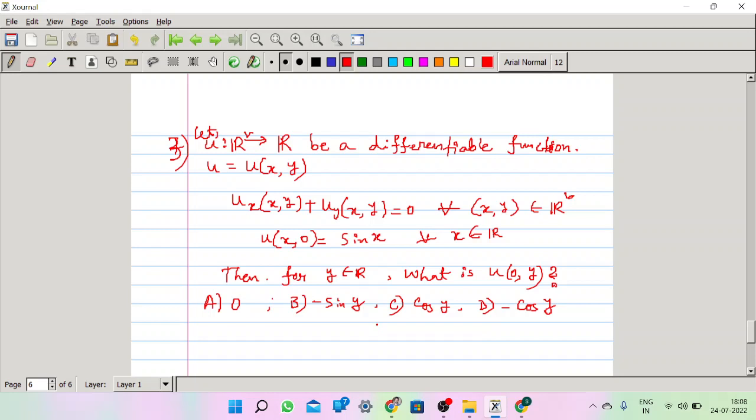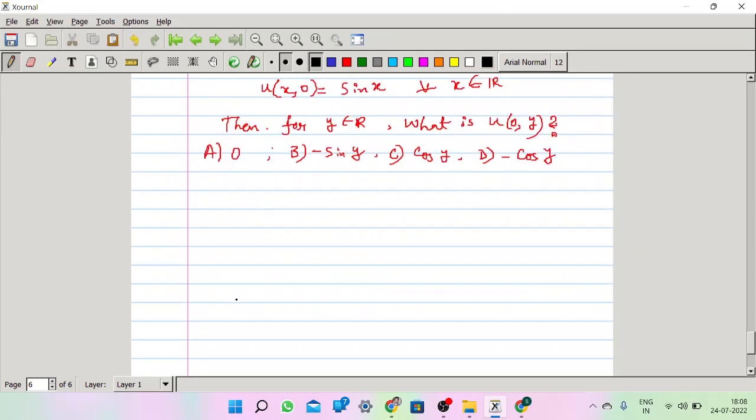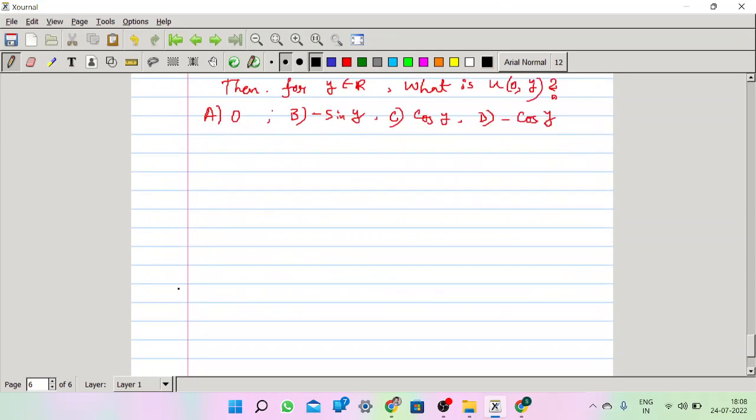So now I will solve this problem. The first order linear differential equation that u satisfies is ux plus uy equal to 0 for all x, y in R2, and u of x comma 0 is sin x.